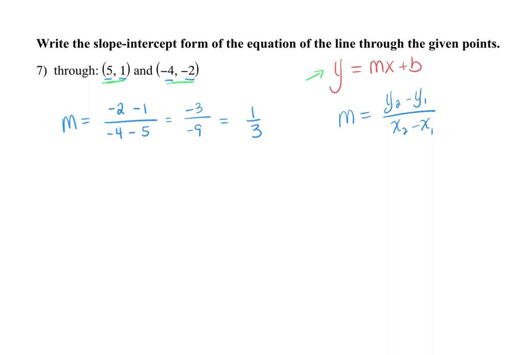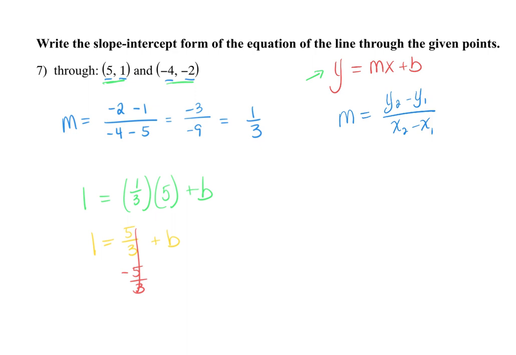I'm going to say y, positive 1, equals m. I just solved for that. That's 1/3 times my x plus b. And I'm going to solve for b. 1 equals 5 times 1/3 is 5/3 plus b. And then I am going to subtract 5/3 from both sides.